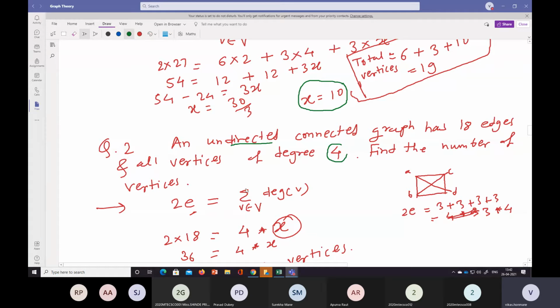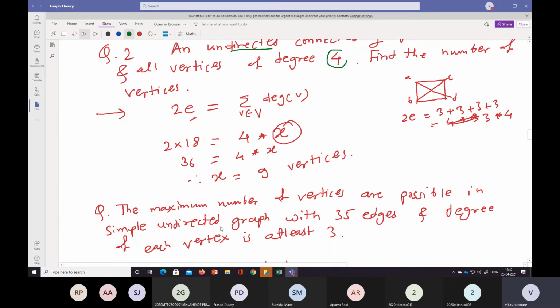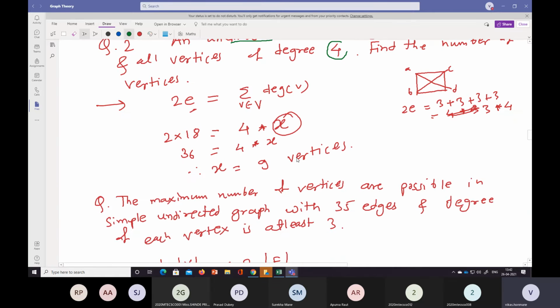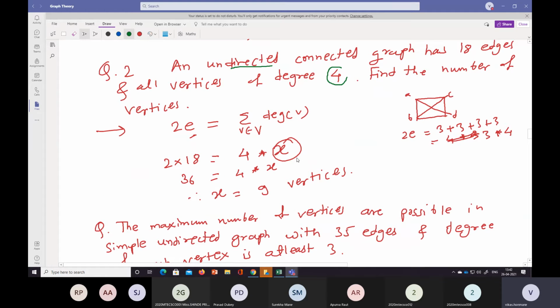By using the handshaking theorem, 2e is equal to the summation of degrees of all vertices. Here the degree is 4 for all vertices, so we assume there are x vertices in total. So 4x equals 2 into 18, and x is equal to 9. So 9 vertices are there, and that is the answer to this question.